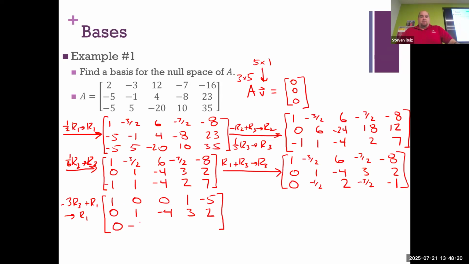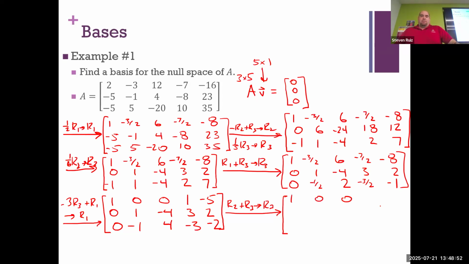Can I also do this? Anybody notice anything from that? What's next? Right. Row 2 plus row 3, and I think this is probably going to be the only thing we can do.